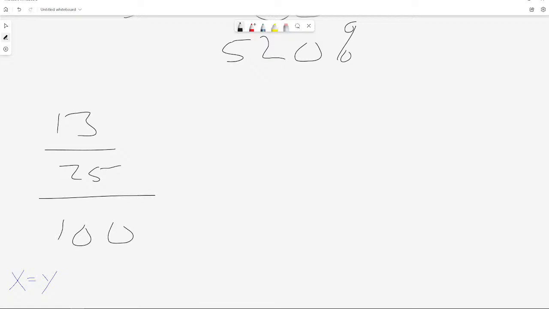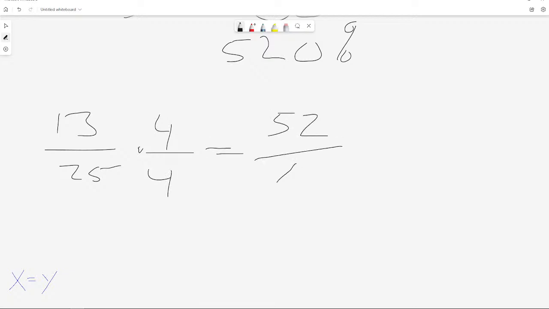So we could do this and then do all the hoopla that goes with that. Or we can just say, to get to 100, we need to multiply by 4. 13 times 4 is 52. 25 times 4 is 100. See, now we're over 100. And that equals 52%.